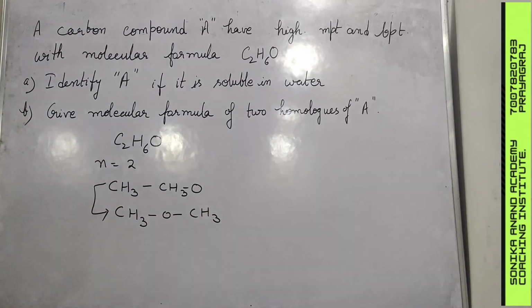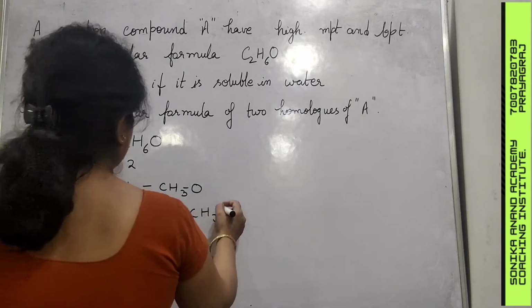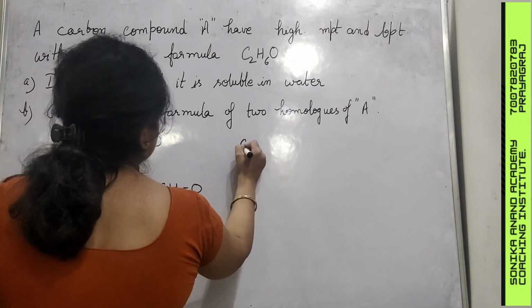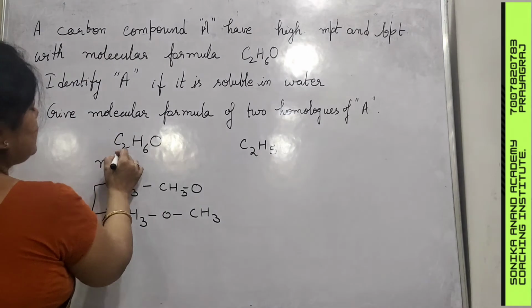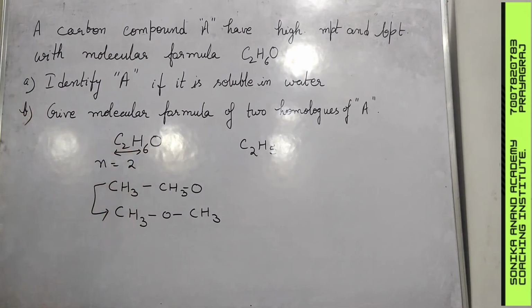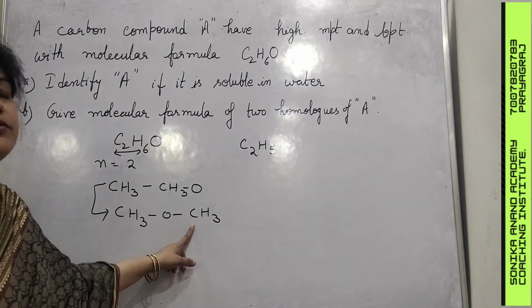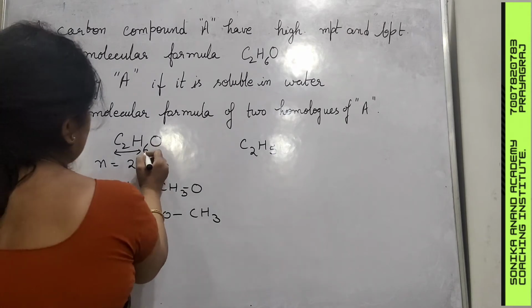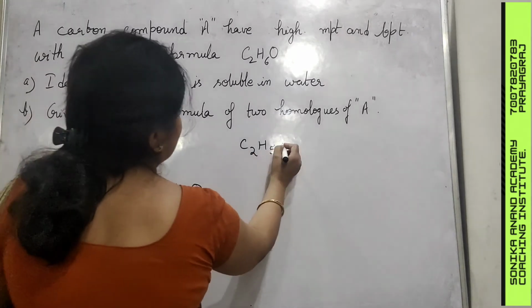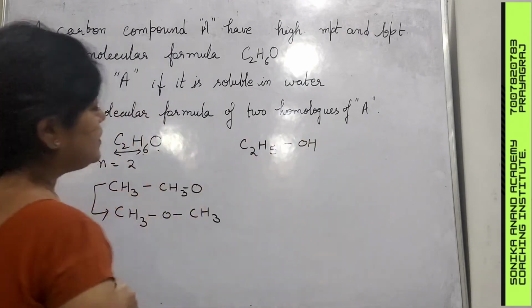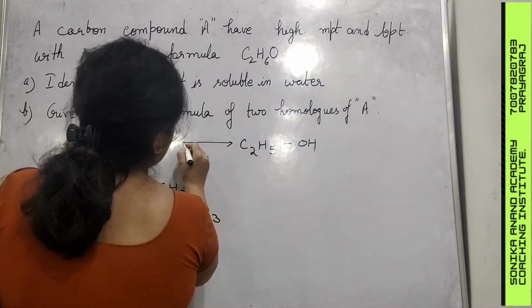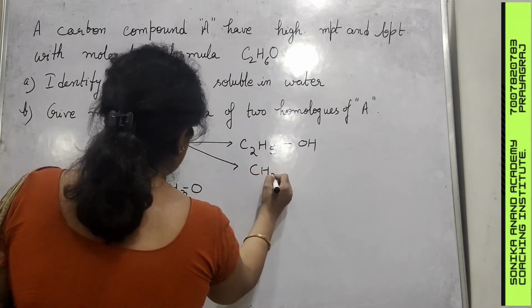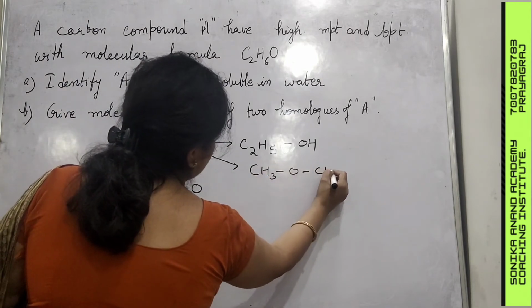Okay, now we can also break in this way: C2H5. Okay, we take it as a whole C2H5. I'm not breaking it as CH3. C2H5, then one H and one O is left over here, so it becomes C2H5OH. So here ultimately we get two compounds, this one and CH3, O and CH3.